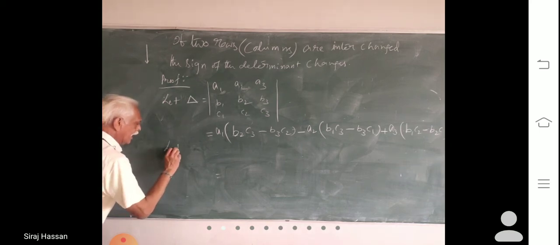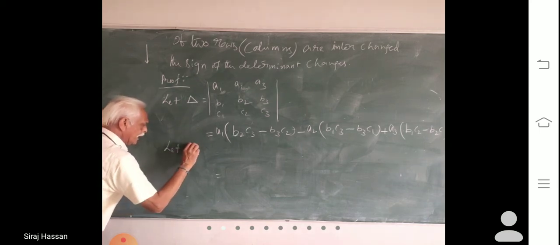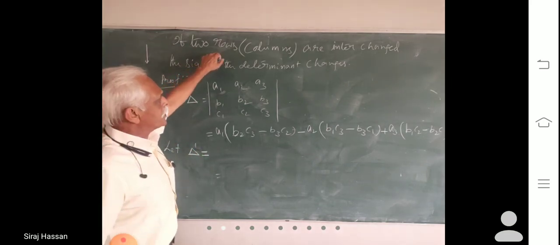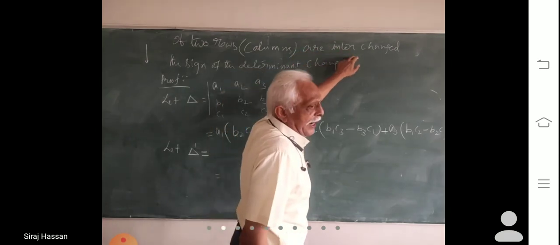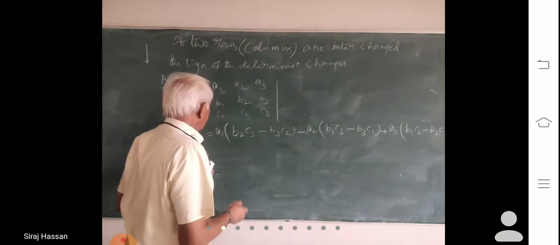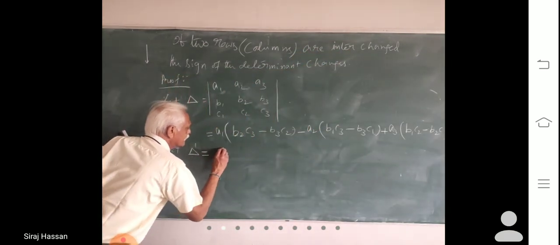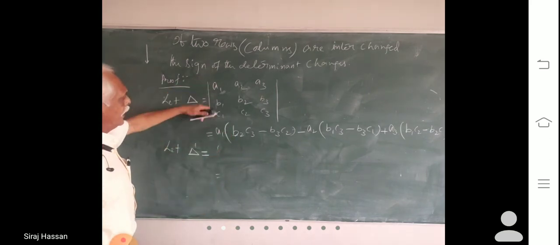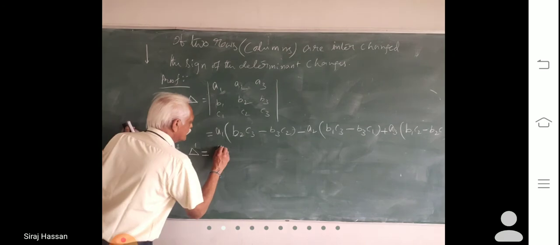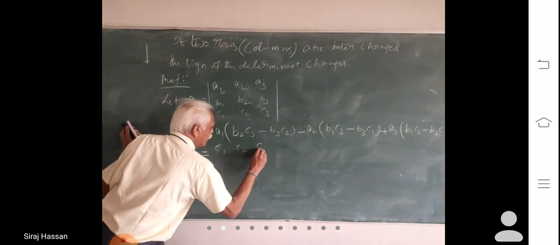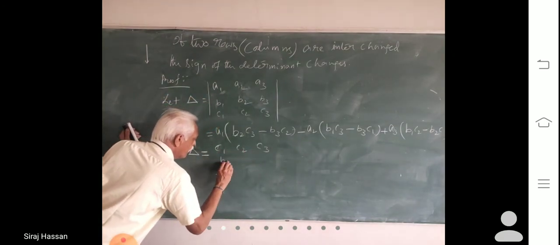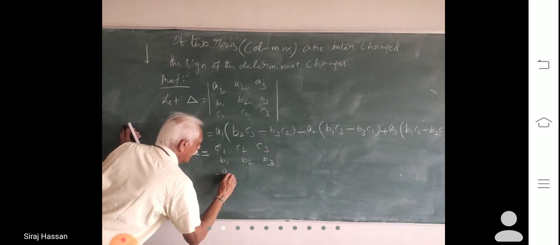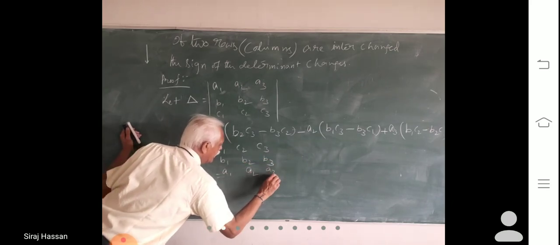Now, let delta dash be the determinant. What is delta dash? If two rows or columns are interchanged, I will be interchanging these two rows: C1, C2, C3, B1, B2, B3, A1, A2, A3.